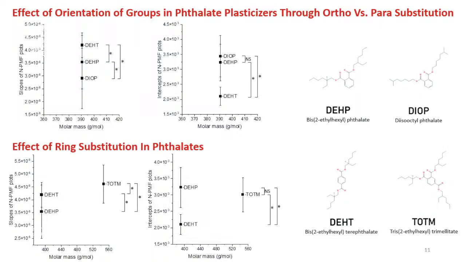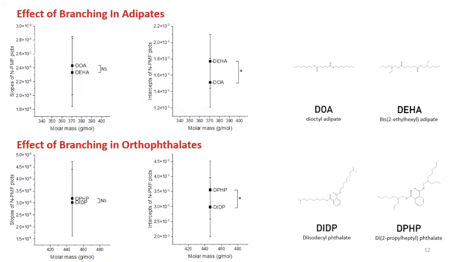I can differentiate between these two plasticizers by seeing the slopes and intercept values, like the van der Waals and electrostatic interactions. If I develop the model more, I can get the prediction of the plasticizer systems. Similarly, studies on other branching effects, ring substitution effects, and all those types are done.